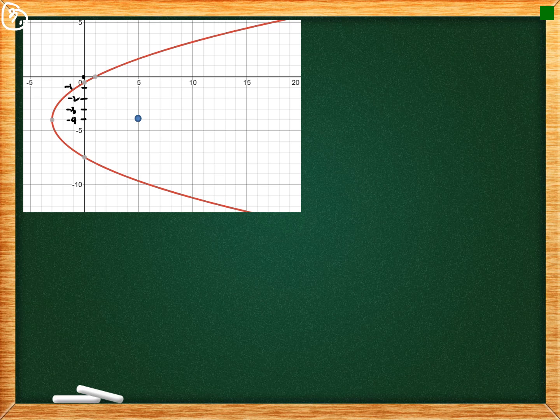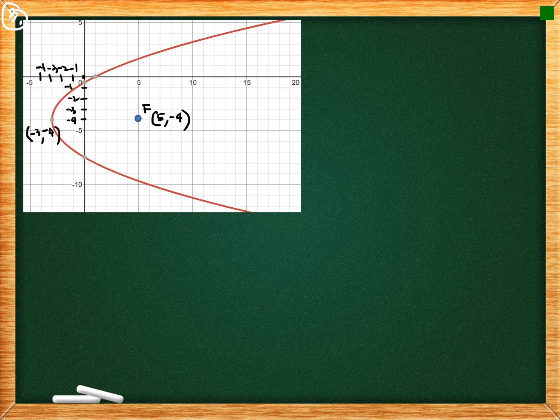So given the focus at this point here, our focus is at (5, -4), right? And obviously, looking at the vertex, this is negative 5, this must be negative 4, negative 3, negative 2, negative 1. So our vertex is at (-3, -4).